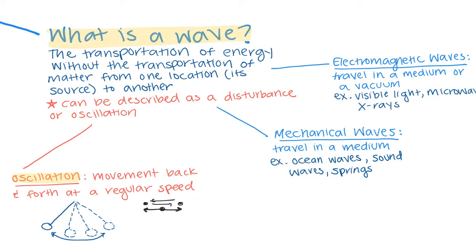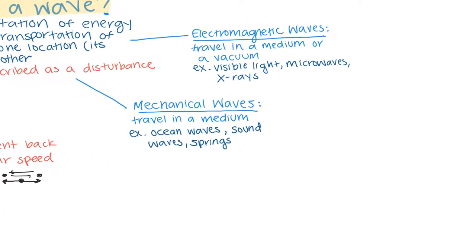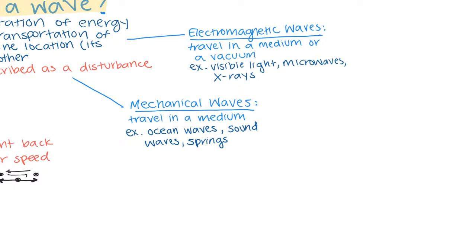All right, so we actually have two different types of waves. We have such things as mechanical waves and electromagnetic waves. Now, the main difference between mechanical waves and electromagnetic waves is that mechanical waves must have a medium to travel through.